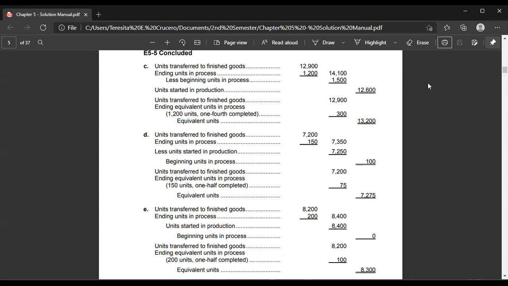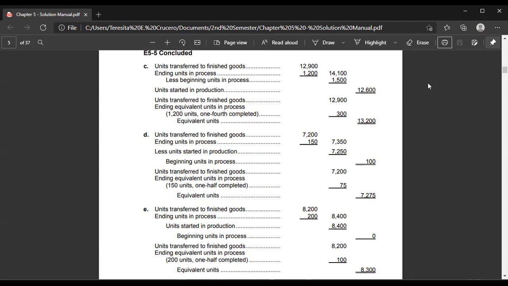Next in letter D, missing is the work beginning and the equivalent units. So again, you cannot compute for the units to be accounted for because the units beginning is not yet given. So what you are going to do, you begin with 7,200, add 150, you get 7,350.